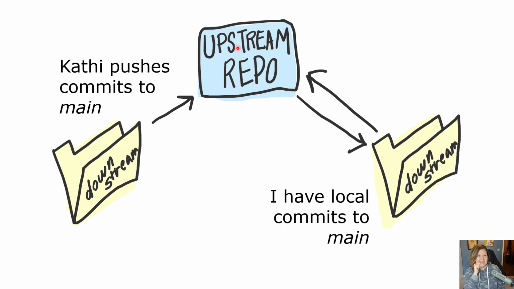Because if Kathy has pushed her commits to main and I have also locally committed to that same branch, it actually doesn't matter that it's main. It matters that it's the same branch. If I have committed to that same branch and then I try to push to the repo, it's going to be like, oh, something else has happened in main.